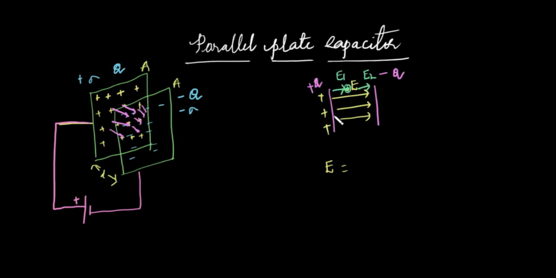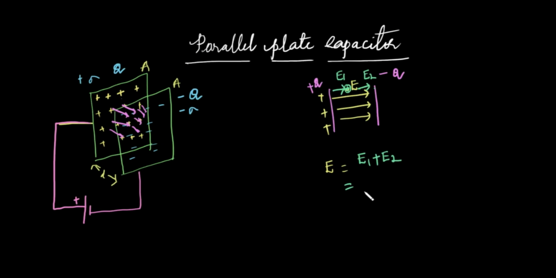Now imagine a positive charge kept here; as this is negative charge, the positive charge is pulled in this direction, so the direction of E2 is this direction. Both are in the same direction, so E is E1 plus E2.